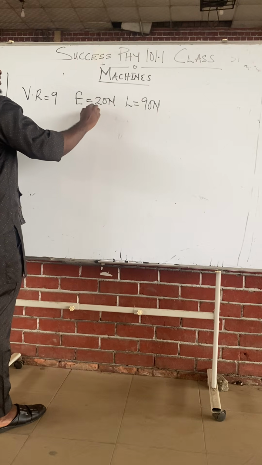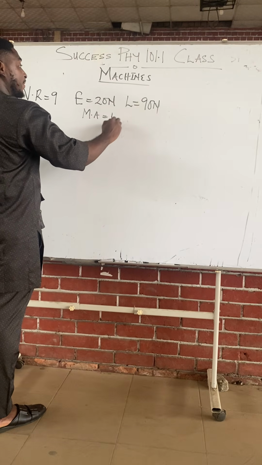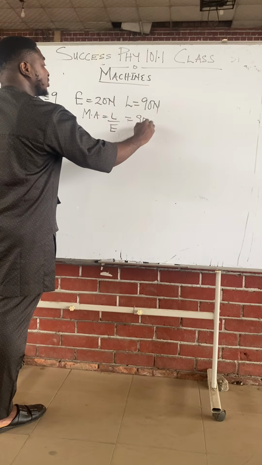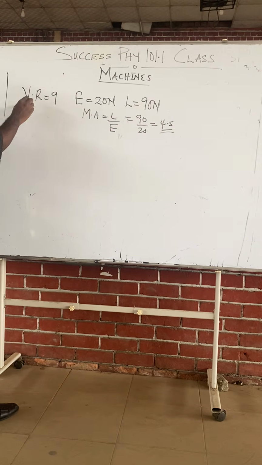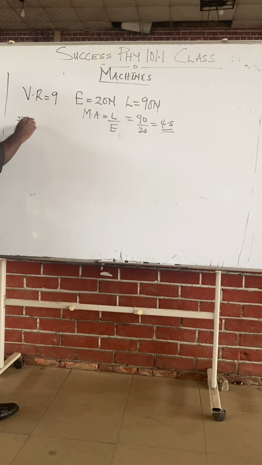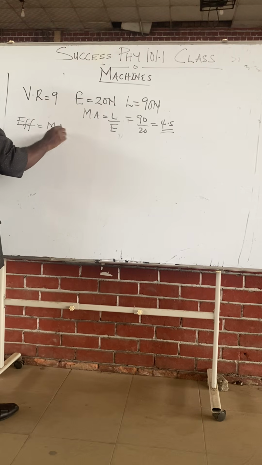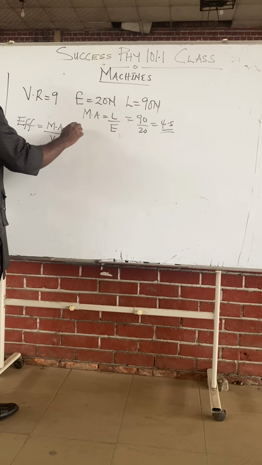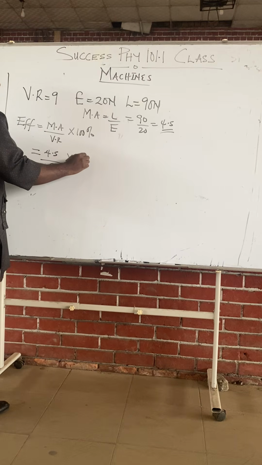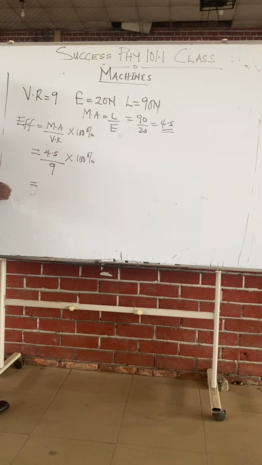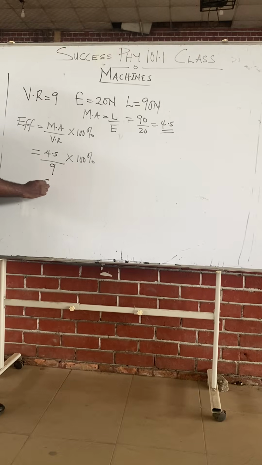The mechanical advantage is load over effort, 90 over 20, which is 4.5. It doesn't have a unit, right? So efficiency will be mechanical advantage over velocity ratio multiplied by 100. Mechanical advantage is 4.5, velocity ratio is 9, multiplied by 100. So efficiency is 50 what?